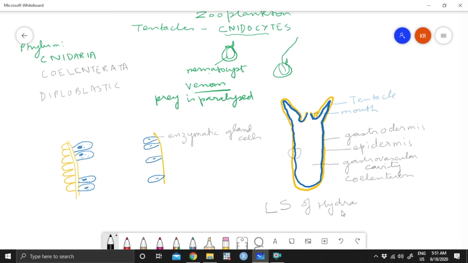This was the epidermis from the ectoderm. So when the food comes over here, these enzymatic gland cells release enzymes from here into this layer and try to digest most of the food. And since the enzyme is being released from inside the cell to outside the cell, this is called extracellular digestion.